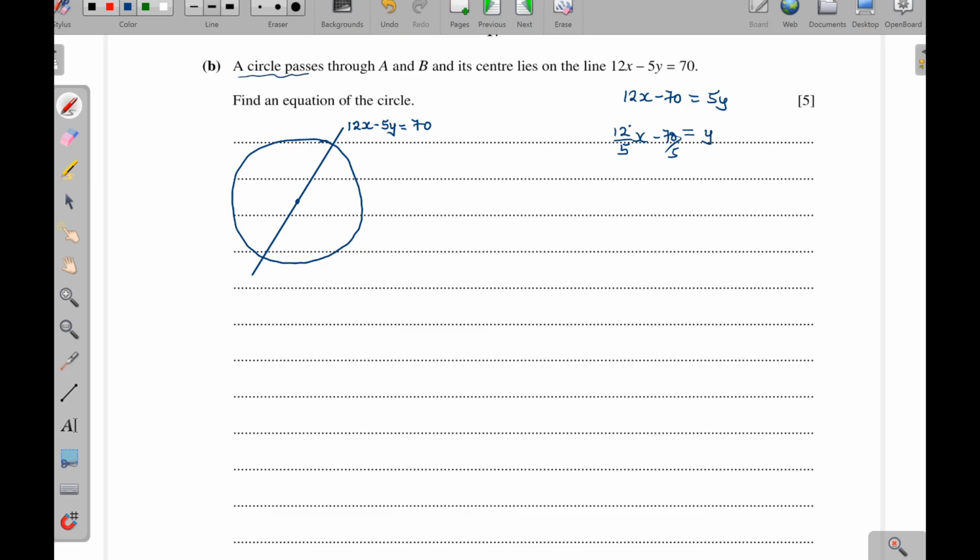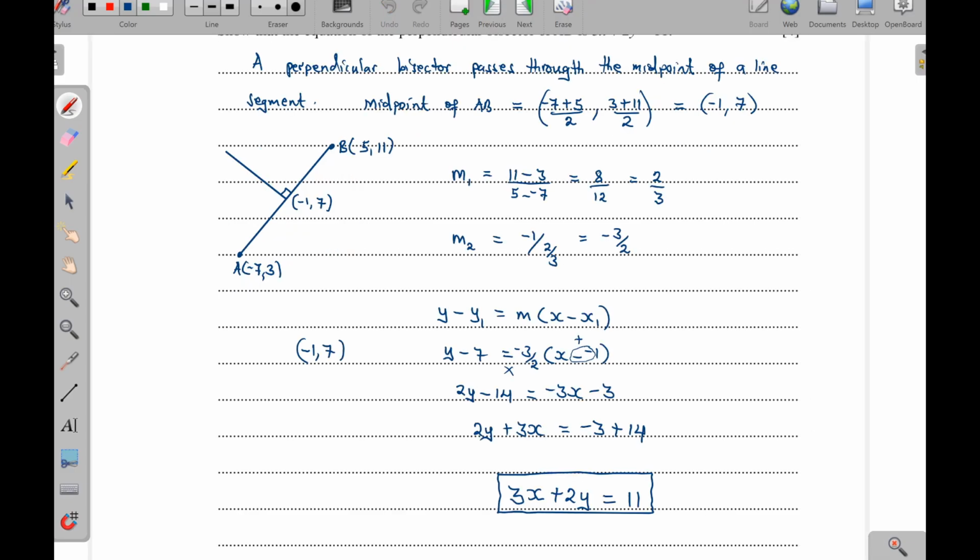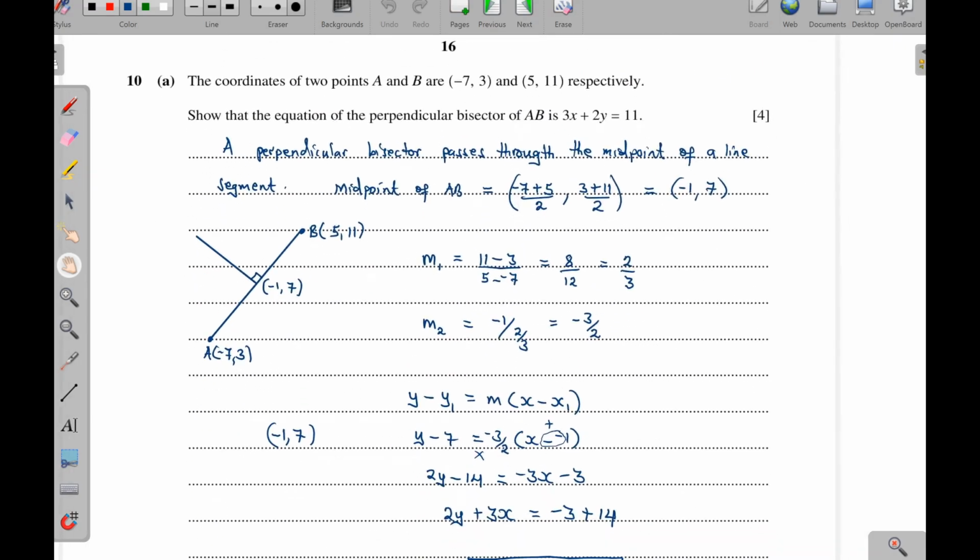Then they said that the circle passes through A and B. Now, if I have my A here, which was given as negative 7, 3, and then B was given as 5, 11.